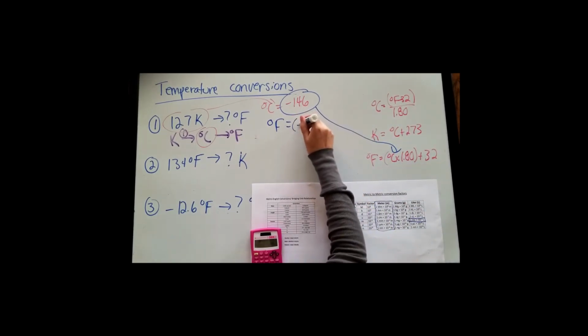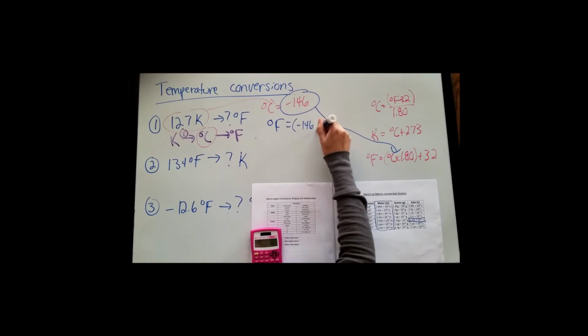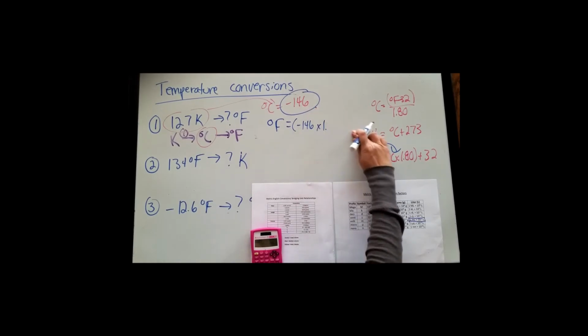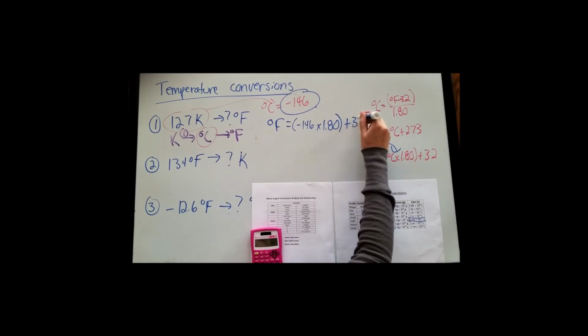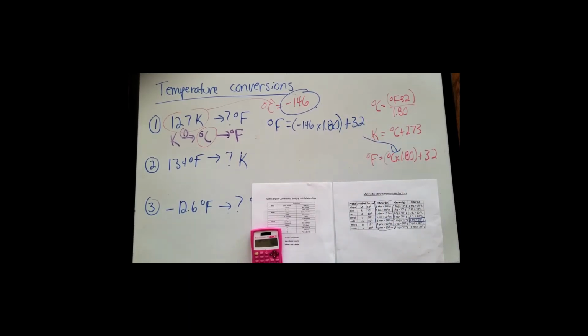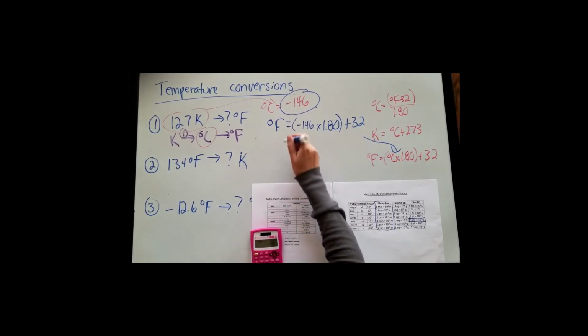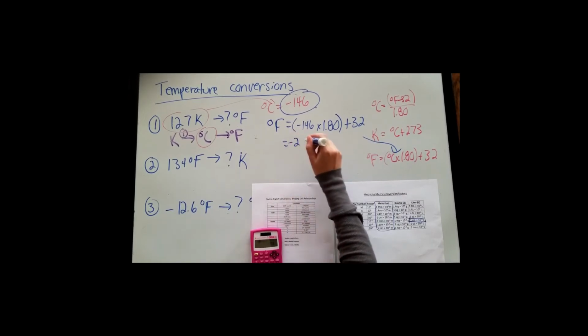So negative 146 times 1.80 plus 32. Plugging that into my calculator, I'm going to get negative 230.8.